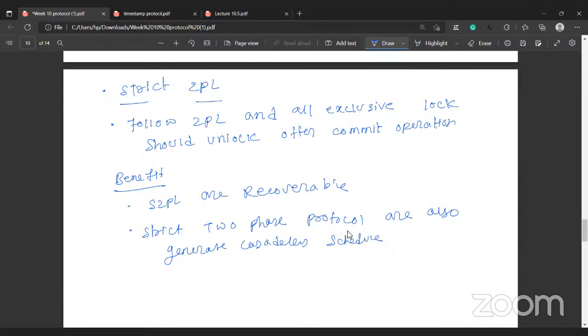So what is strict 2PL? It follows 2PL and all exclusive locks, not shared locks, should be unlocked after the commit operation. You can see that 2PL is not recoverable, but strict 2PL is recoverable, and it also generates cascadeless schedules. So there is no cascading rollback.